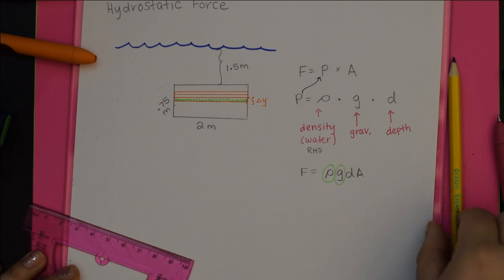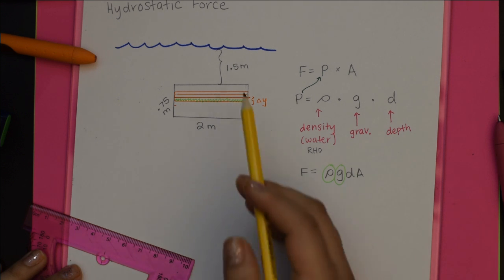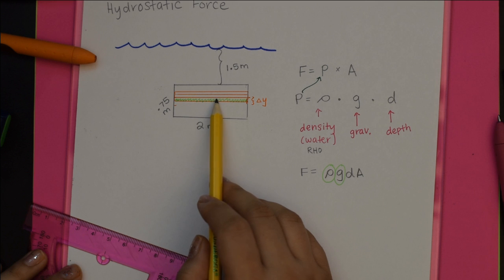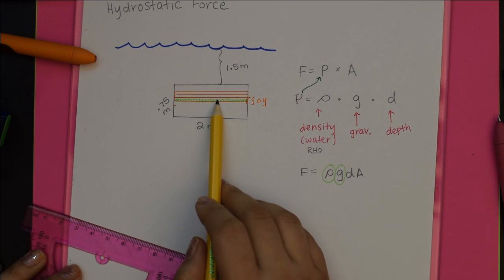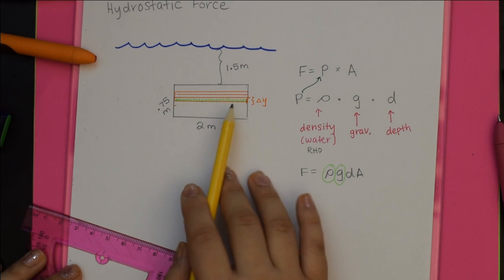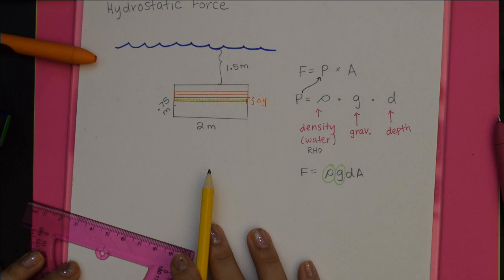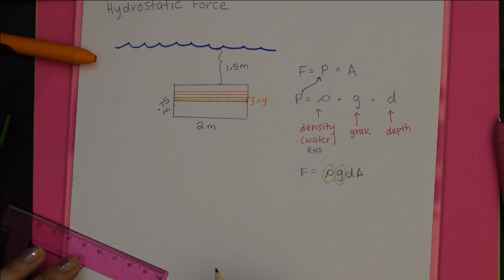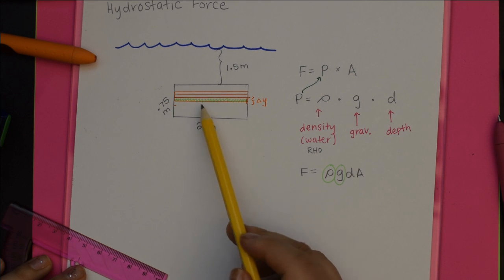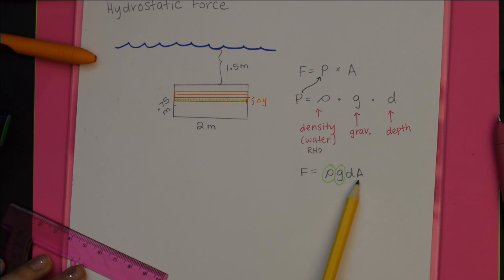So that is what our A is, and that's what our D is. It's going to be the D at that particular rectangle and A of that particular slice. And then we're going to add them together. So in this particular case, we have our delta y. Let's start with the area part.